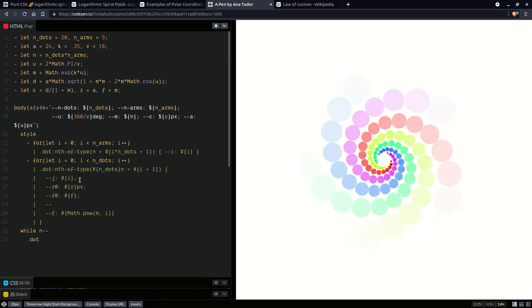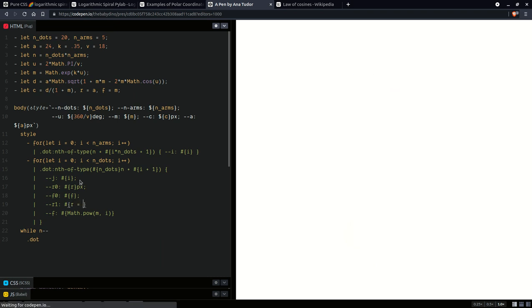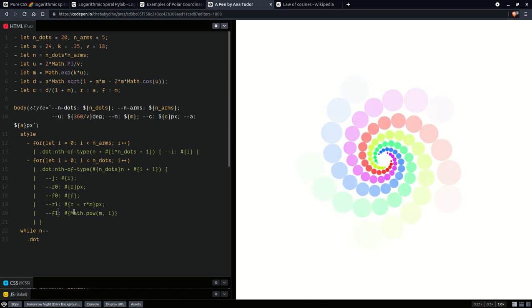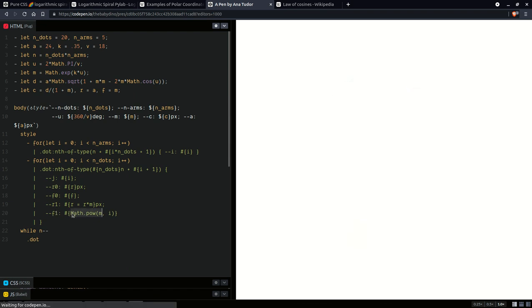Sorry, it's a custom property. And this one is going to be like this. Okay, pixels. And here we're going to have the final factor, which is going to be the previous factor times m.